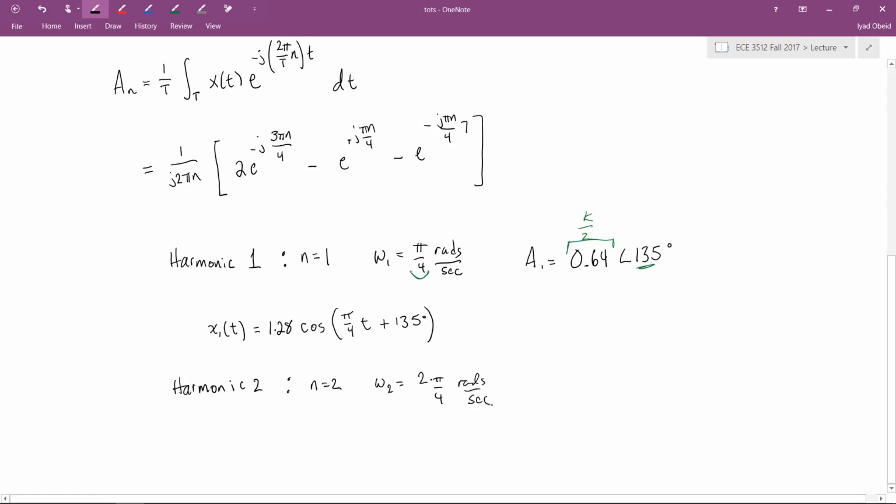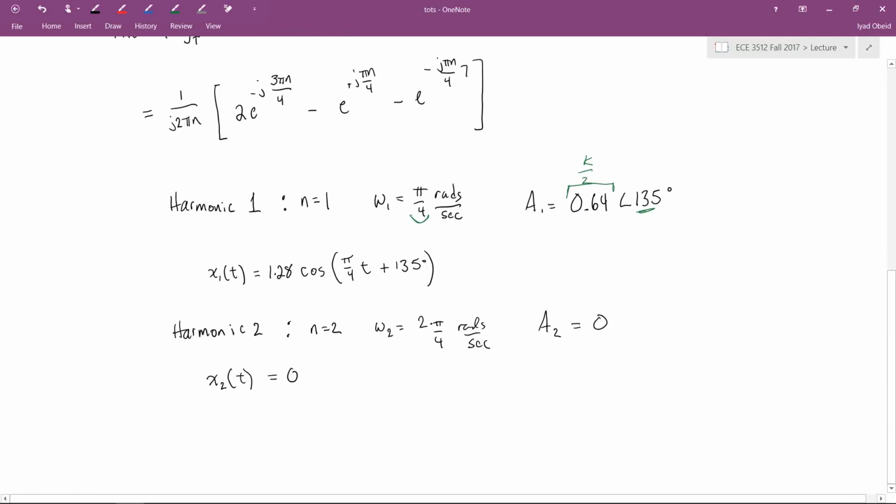But then the really trippy thing is that if we take n equals 2 and substitute it into our equation, we actually work out that a sub 2 equals 0. So in essence, this is not an error. What it's telling us is that this particular square wave doesn't have any energy at its second harmonic frequency. It's just a 0.